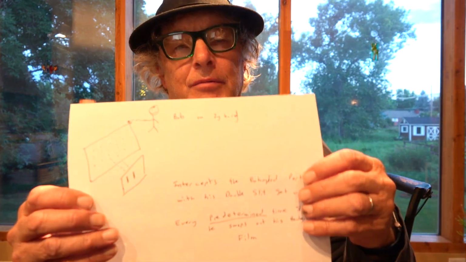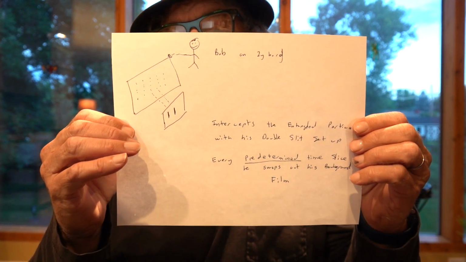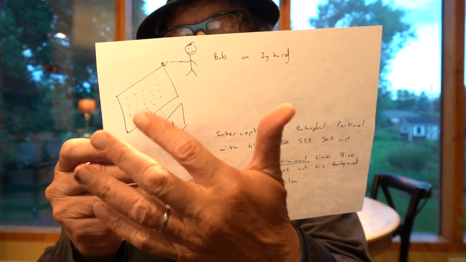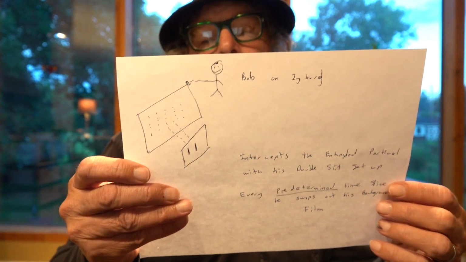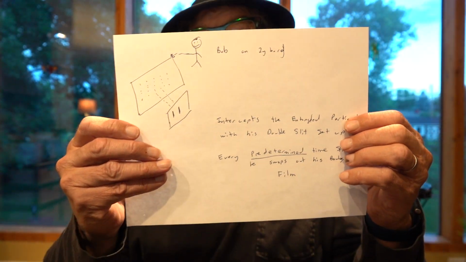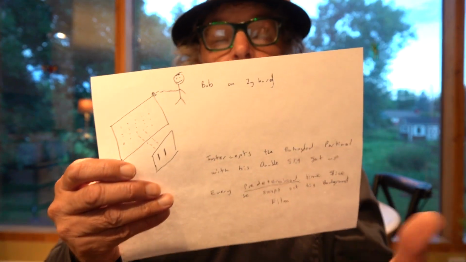Now, we go over to planet Zyborg, and poor Bob, he's out there with his clock, but I forgot to mention, I gave him a little double slit setup and millions, or perhaps billions, of pieces of photosensitive film. So he can change out his double slit experiment every millisecond.